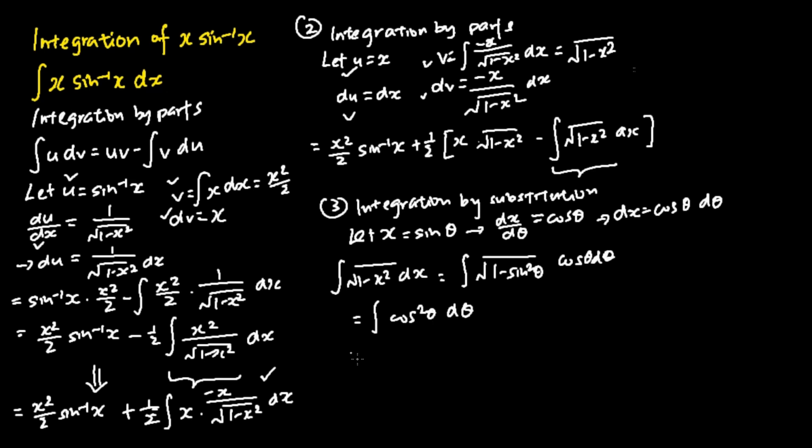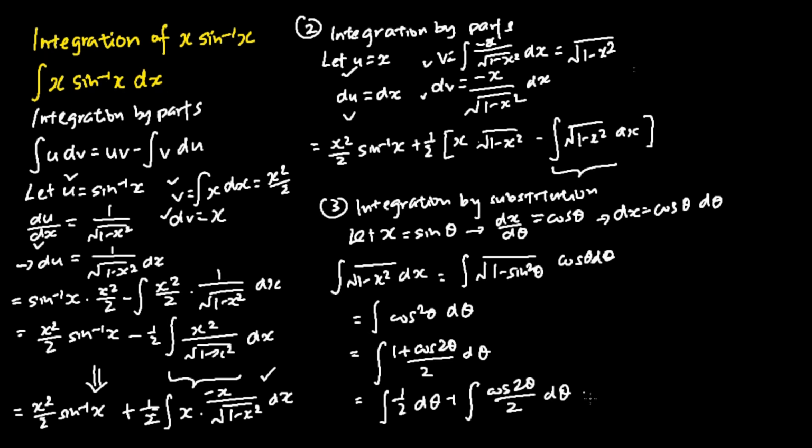So the next step, I will apply the double angle formula of cosine squared theta. So we get 1 plus cosine 2 theta over 2 d theta, which can be split into the integral of half d theta plus the integral of cosine 2 theta over 2 d theta. This is equal to half theta plus sine 2 theta over 4, plus c.